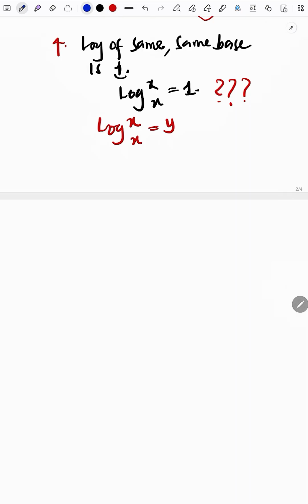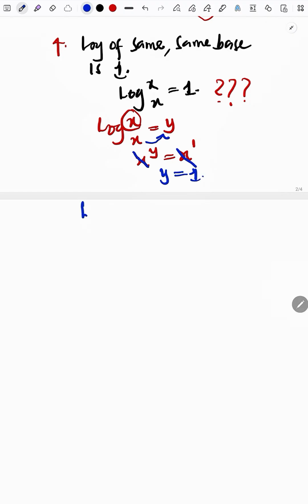In this case, we want to convert logarithm to indices. Therefore, this x here takes the value on the other side as power. Taking that value as power, this becomes x raised to power y. x raised to power y is equivalent to x raised to power 1. At this junction, we can now equate bases. If we equate bases, y is equal to 1.